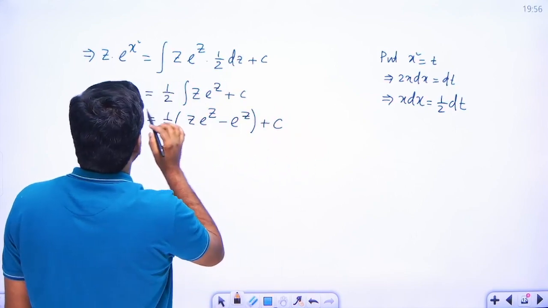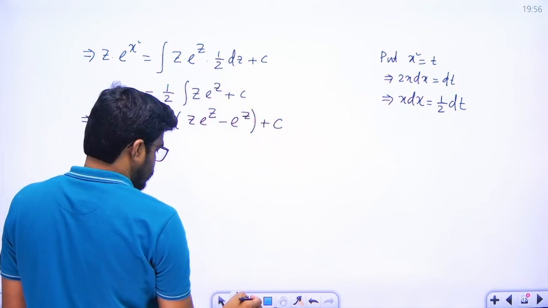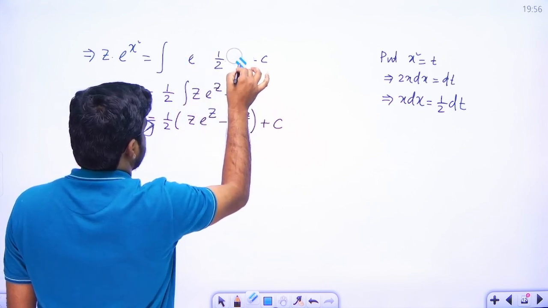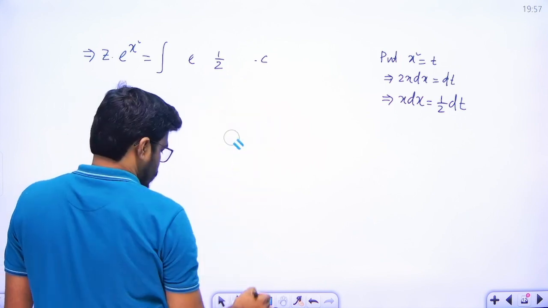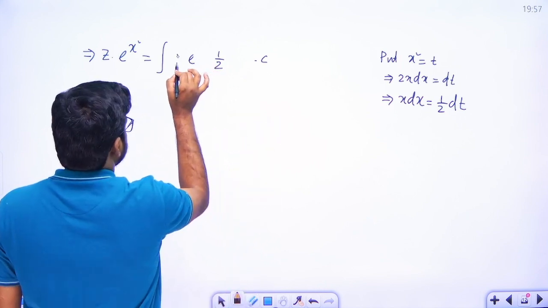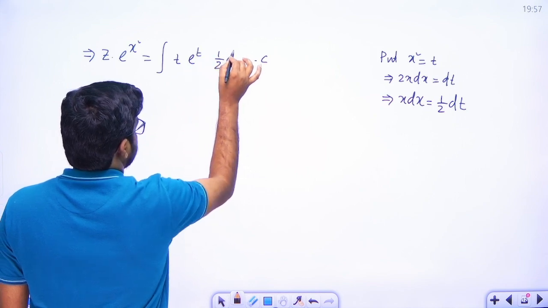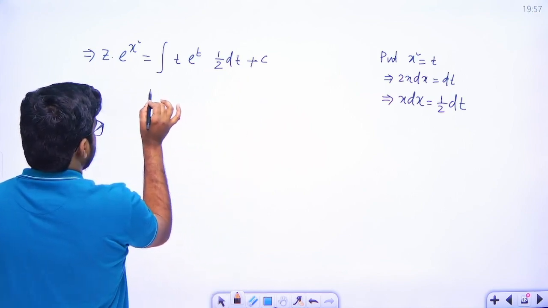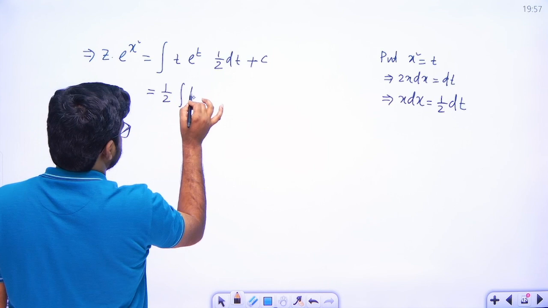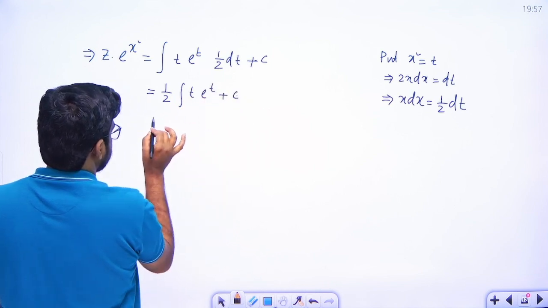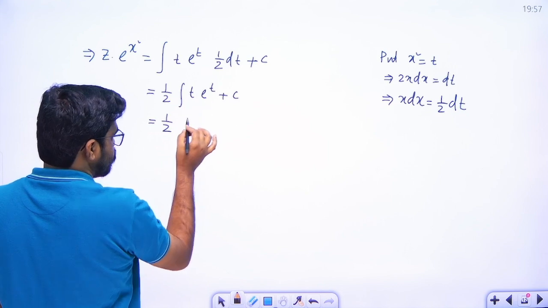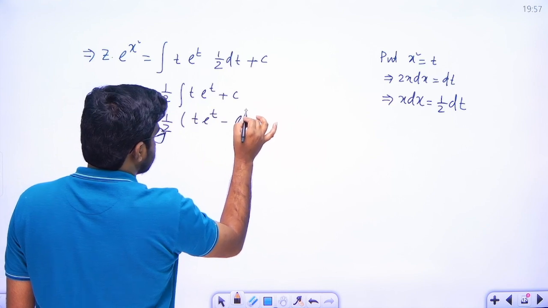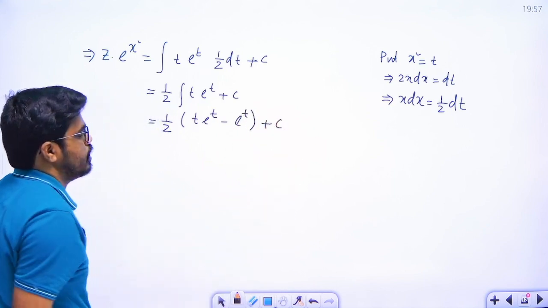So x square is t, since z is already considered. So this is t e to the power t into 1/2 dt plus c. So this equals 1/2 integration of t e to the power t plus c, so that is 1/2 of t e to the power t minus e to the power t plus c, right?